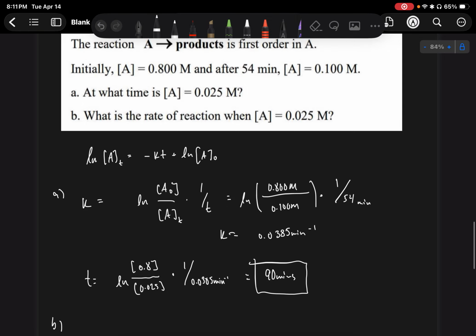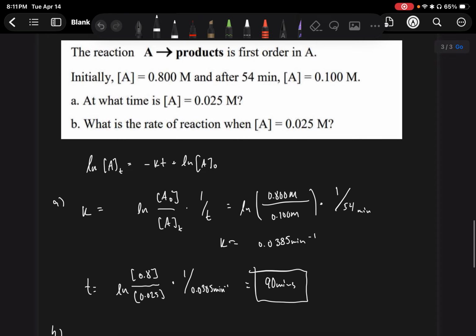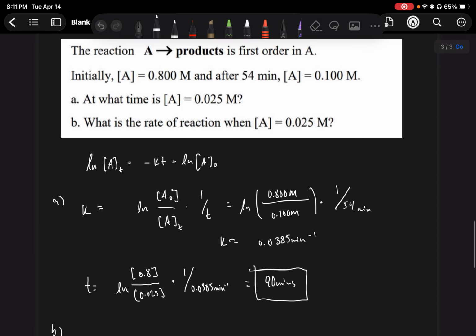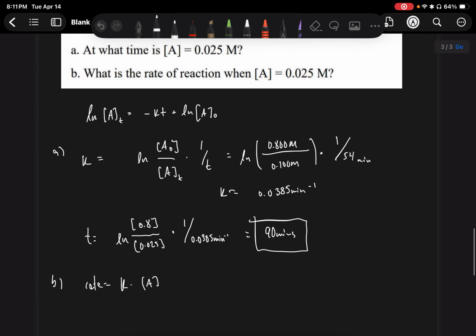B, what is the rate of reaction when A equals 0.025? Okay, rate equals K times A to the power of first order, so to the power of 1.